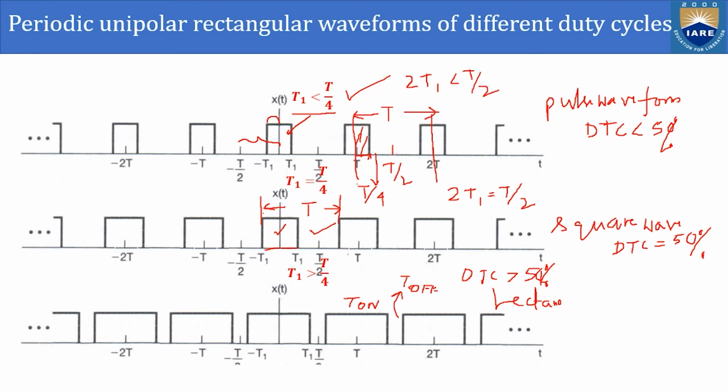So this is a true rectangular waveform with duty cycle more than 50. If the rectangular waveform has 50% duty cycle, you can call it a square wave. If it has less than 50% duty cycle, you can call it a pulse waveform. Generally you can follow this.